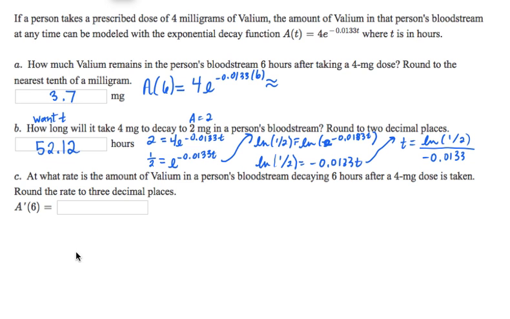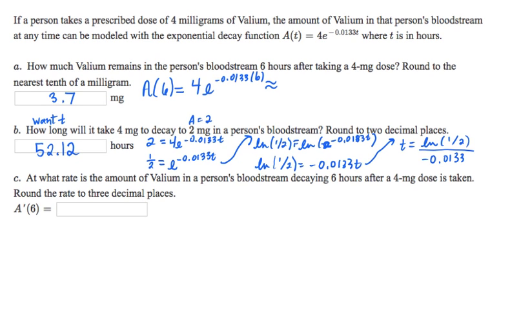And now for the last problem in part C. At what rate is the amount of Valium in the person's bloodstream decaying 6 hours later? That is the derivative at 6. So first we need to find the derivative at t. So I'm going to differentiate this function right here to find the derivative at t, and then we'll plug in 6.